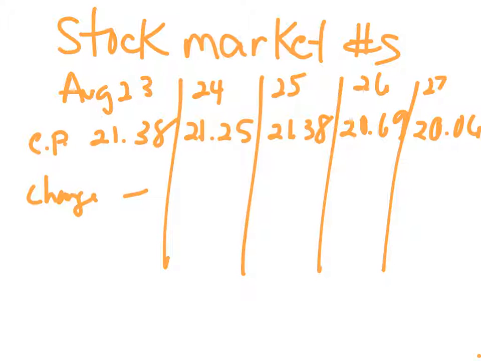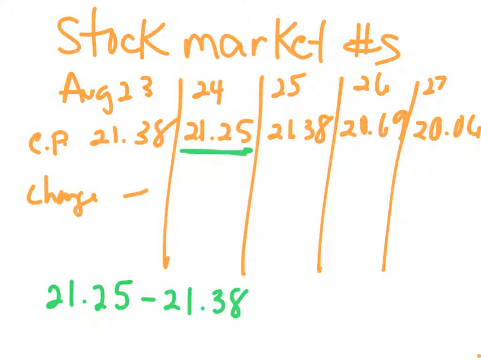But let's say that we want to see on August 24th what the difference was. We have to write the equation like 21.22 minus 21.38. Well, we can already see that this day was higher than the 24th. The 23rd day was 21.38 and today is 21.25. So we can see automatically that is going to be a negative number.